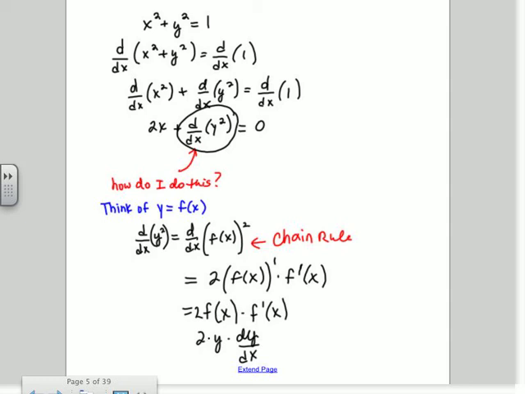So do you guys see how you could possibly see that from the beginning now? Because you just take the derivative like normal, like 2y, but since we didn't have y in terms of x, you tack on a dy over dx. Make sense? Okay. So it's going to be 2x plus 2y dy over dx equals 0. Subtract the 2x over.